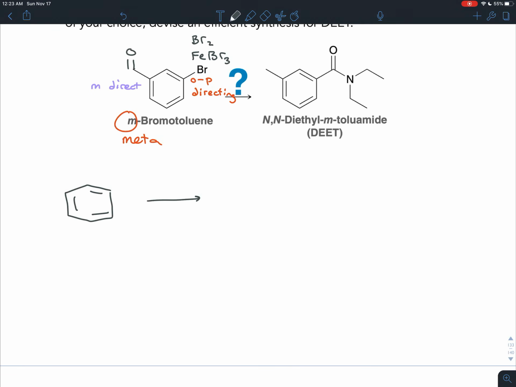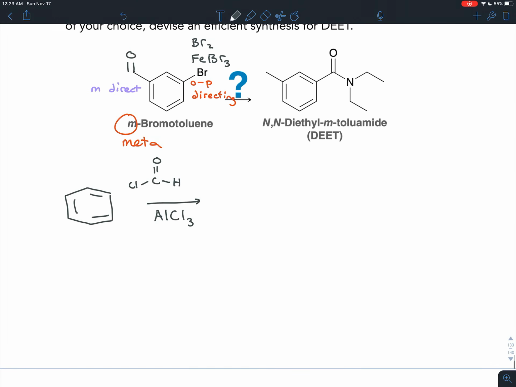Now we only want one carbon, so we could have a double bond to the oxygen, single bond to the chlorine, and actually, let me put that on the other side. Whatever bond you want to go to the benzene ring, that's where you put the chlorine. So we have a chlorine, we'll have a hydrogen on the other side, and we want to make sure to use the catalyst, AlCl3. You've drawn the mechanism for this on a previous exam.